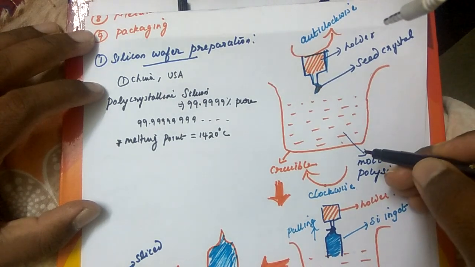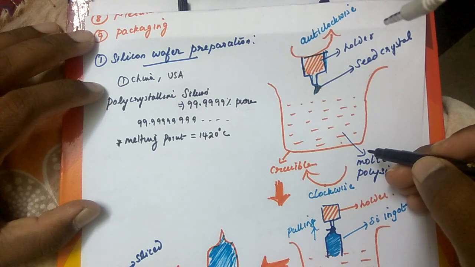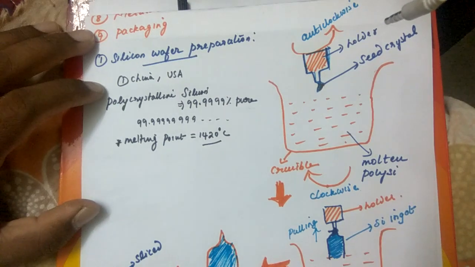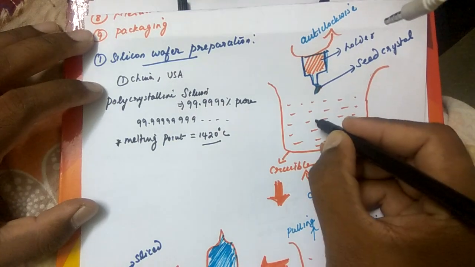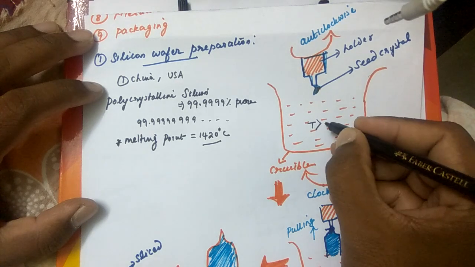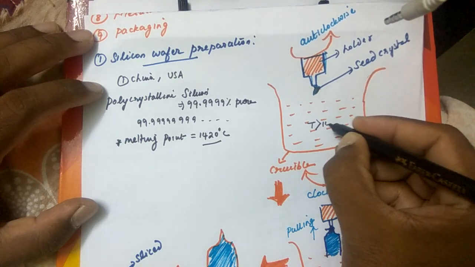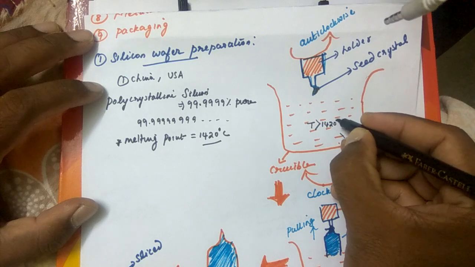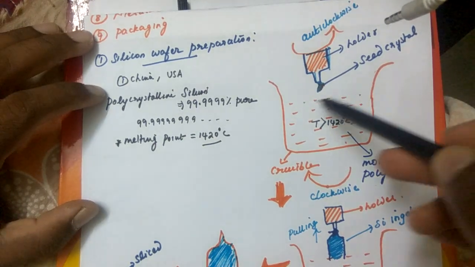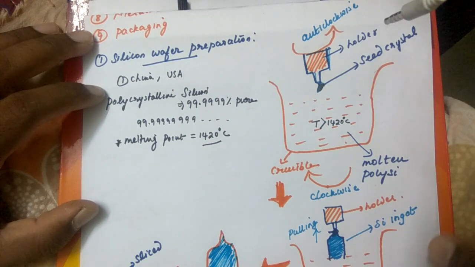This polycrystalline silicon is heated to a temperature greater than its melting point. So you get a molten polycrystalline silicon.